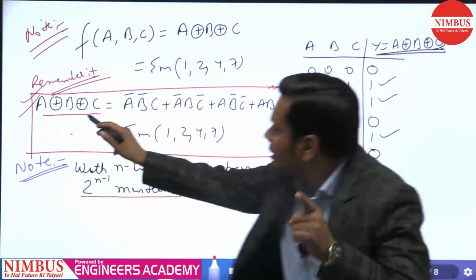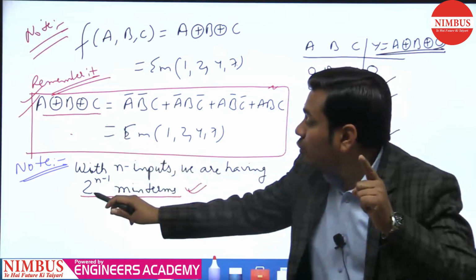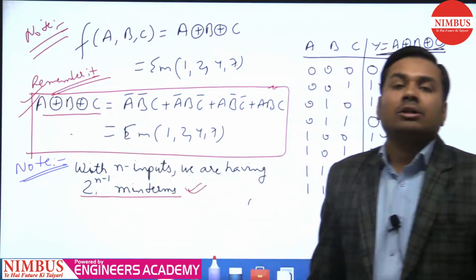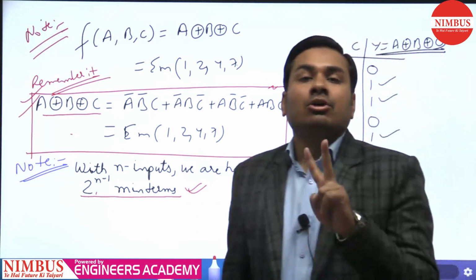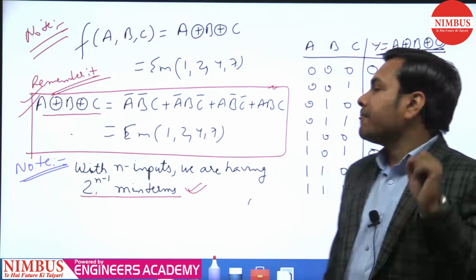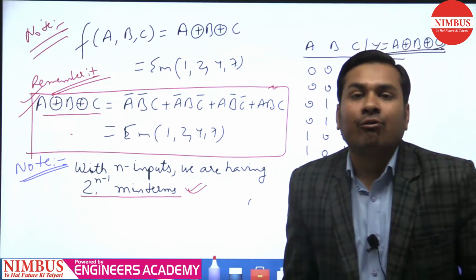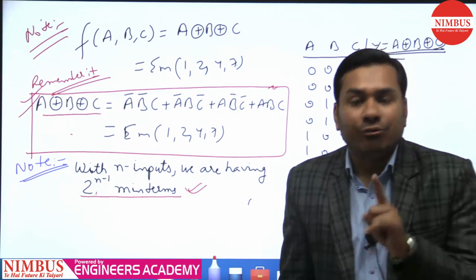So for A XOR B XOR C, n is 3, so we have 2 raised to 3 minus 1, that is 2 raised to 2, that is 4 minterms. That means for A XOR B XOR C, the number of minterms is 4.